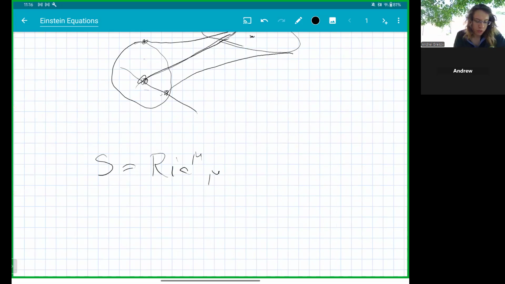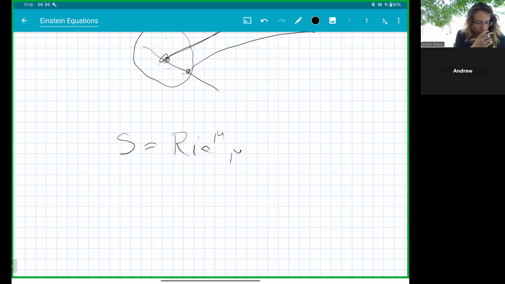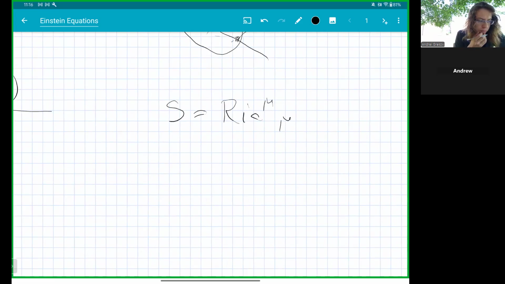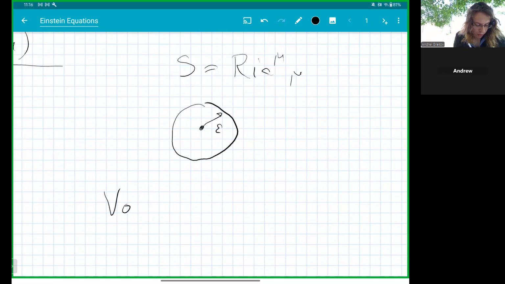It is a certain average of curvatures, and has a separate intuitive meaning. Actually, what it does, it controls the volume of a ball of size epsilon in our space and compares it to the same ball in flat space, flat geometry.